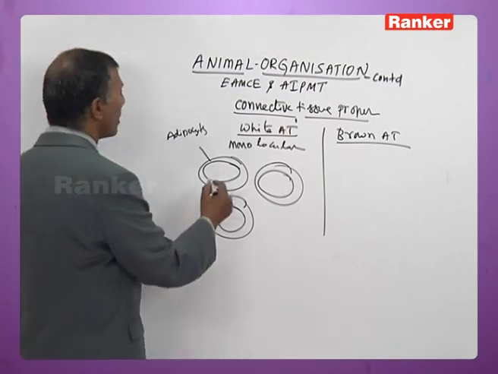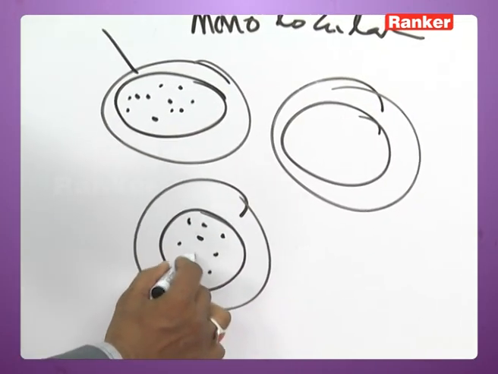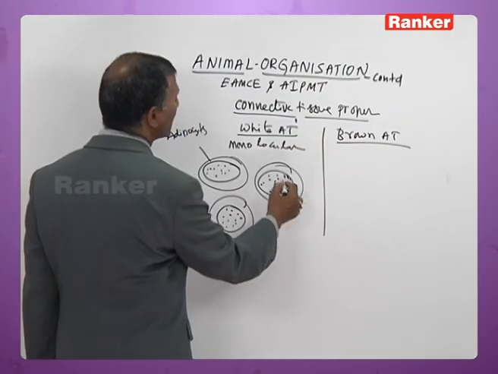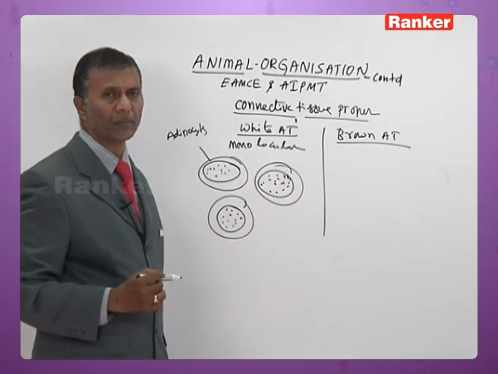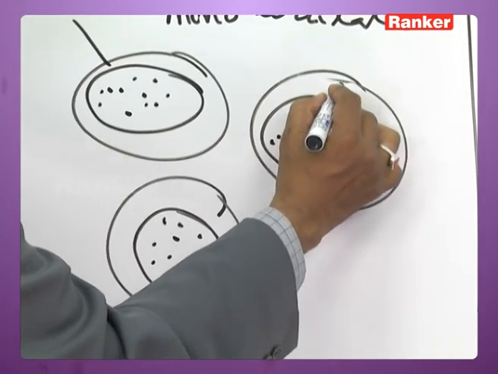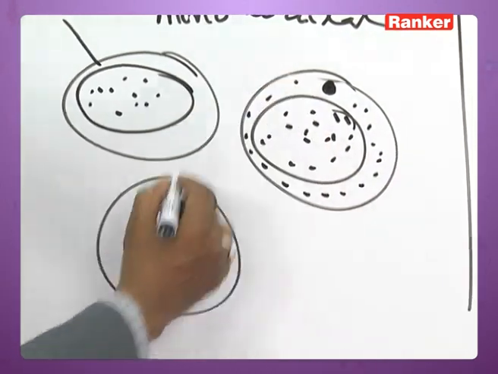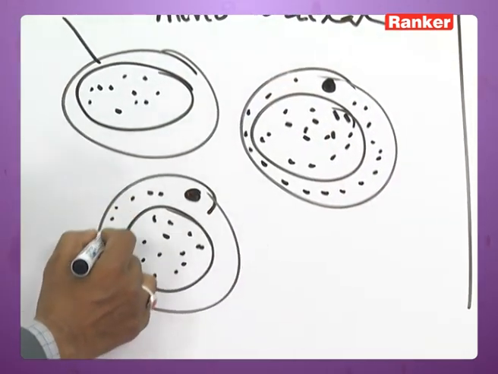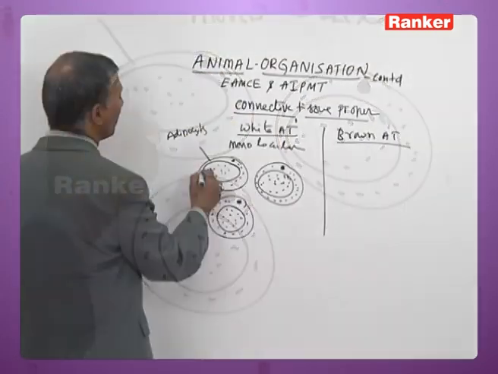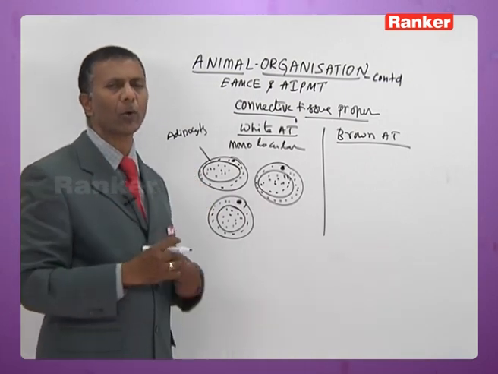That vacuole is deposited with different kinds of unsaturated fatty acids, and there is a cytoplasm. Since there is a vacuole at the center, the nucleus and cytoplasm of the adipocyte are pushed to the periphery. So since there is a single locule in each adipocyte, it is called monolocular.